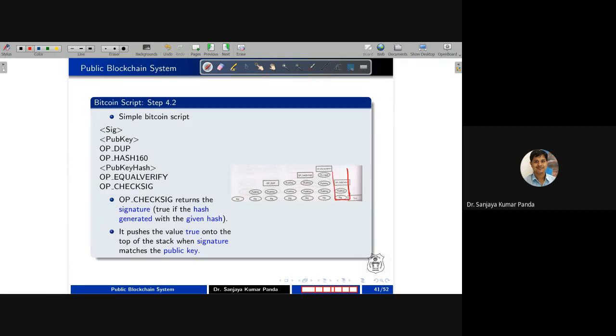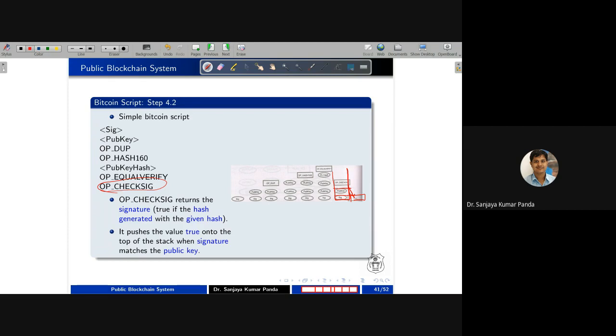One is signature, public key, and the last opcode instruction is OP underscore CHECKSIG. What is it going to do? This checks the signature. I told you the hash should be less than the target hash. If it is, then it returns true as an output. Otherwise, it will return failure, or false.